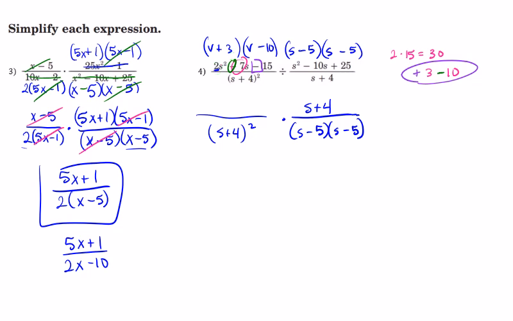Oops, I meant to use the red here. So 3 over 2, 10 over 2. So this reduces to 5. So it's just going to be v minus 5. I'll put it down here. And then this one didn't reduce, so the 2 is going to come to the front. So it'll be 2v plus 3.